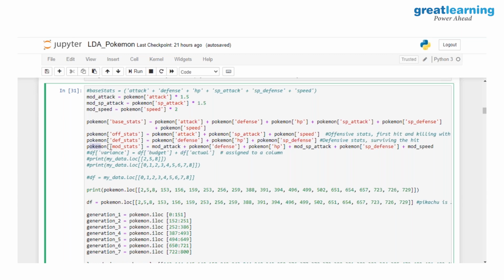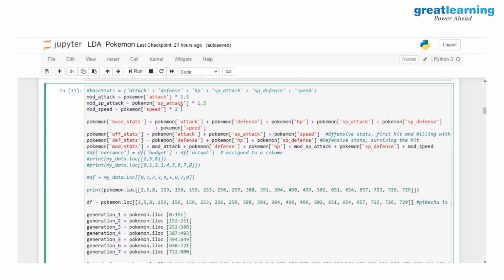And then you see the mod stats was, we made use of mod attack, the defense strategy, the Pokemon HP, the mod special attack. So you see all the offensive were covered here, and the defense we kind of added. To get what we call a mod stat, you can understand this was more like a moderate kind of scenario that we want to come up with, something like an average scenario, so that we can compare it against all the other variables.